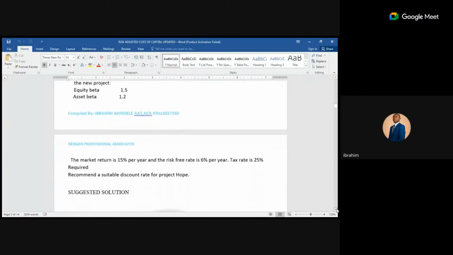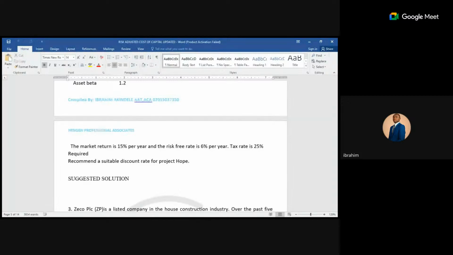We should not forget our principle. Sonia, please, can you mute your mic? Our principle is that you should read the requirements. Research shows that when you read the requirements, it assumes that you have solved 60% of the question.